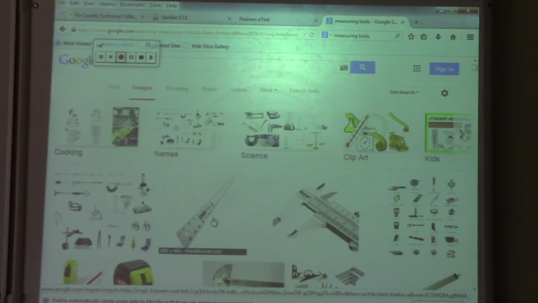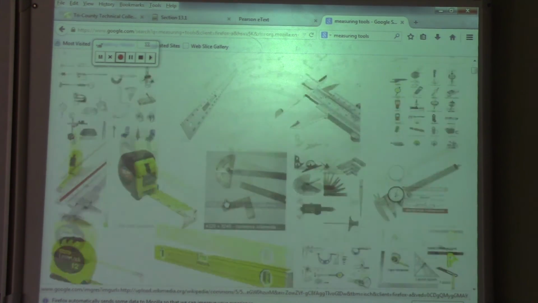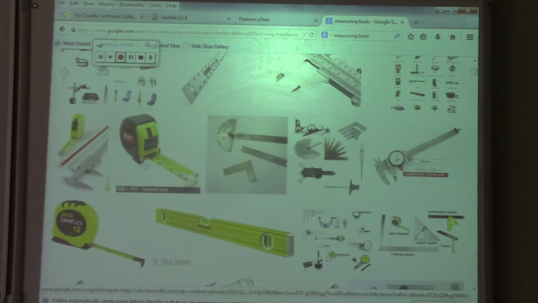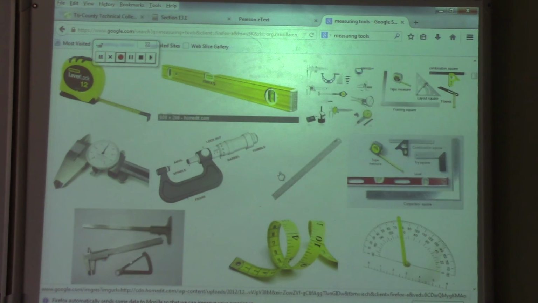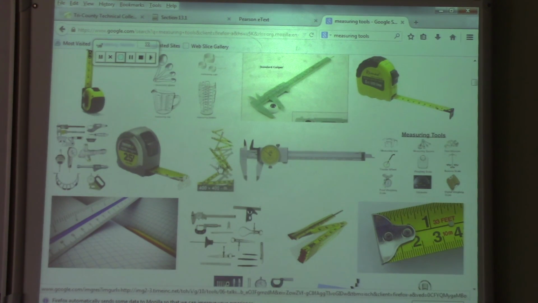Okay, what is that? It's a ruler. What is this? Tape measure. A cloth tape measure. This is a steel tape measure. What is that? That's what I'm looking for.